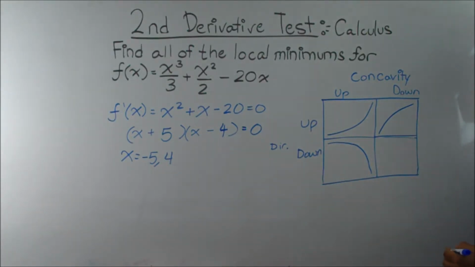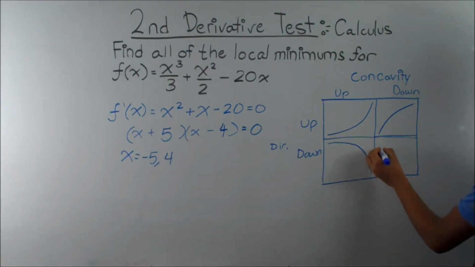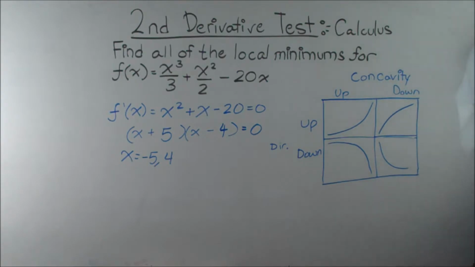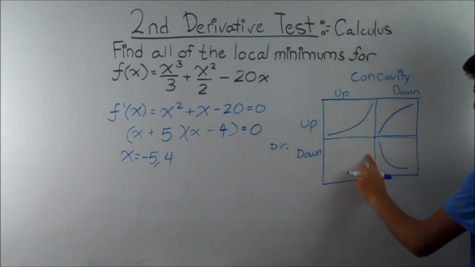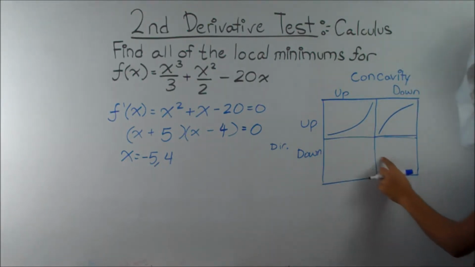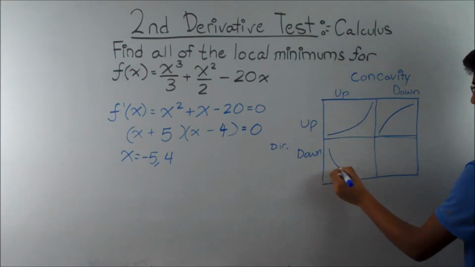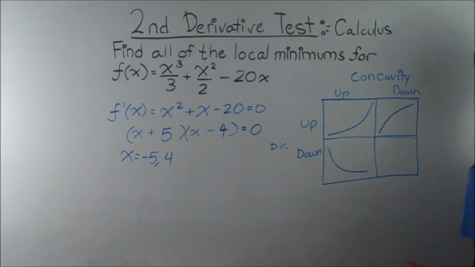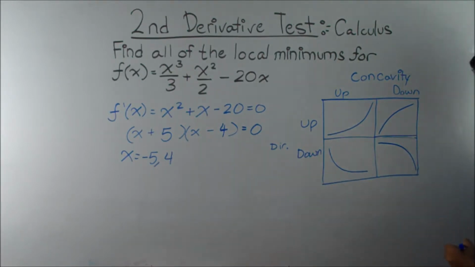And if we had concave down and it's down, that means it goes like this. Or actually, sorry, these two flip. Whoops, sorry. So if it's concave up and it's going down, it goes like this. And if it's concave down and it's decreasing, it goes like this.